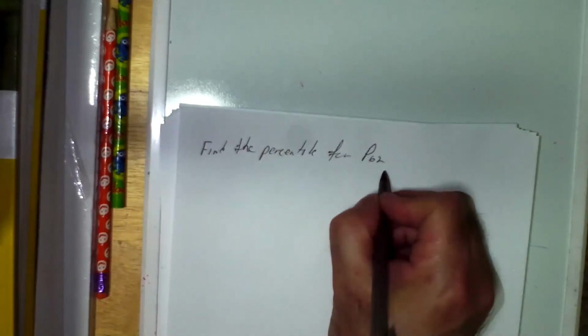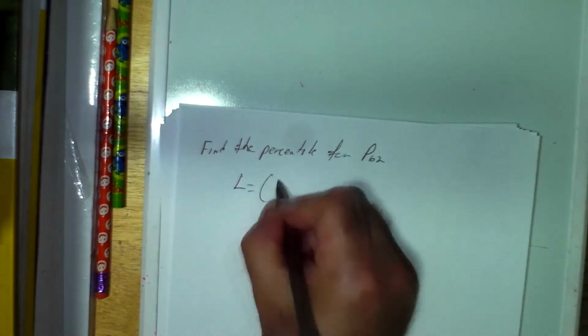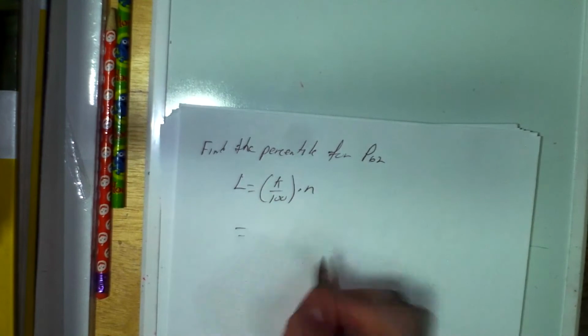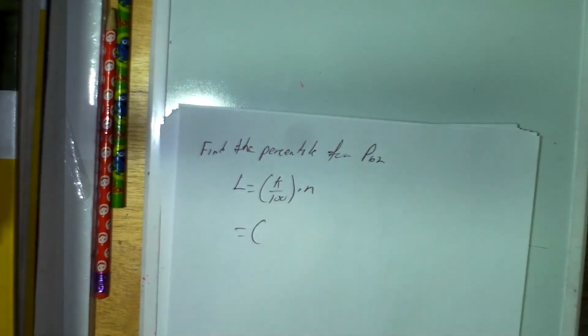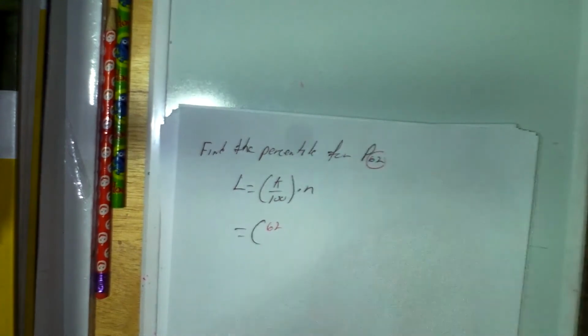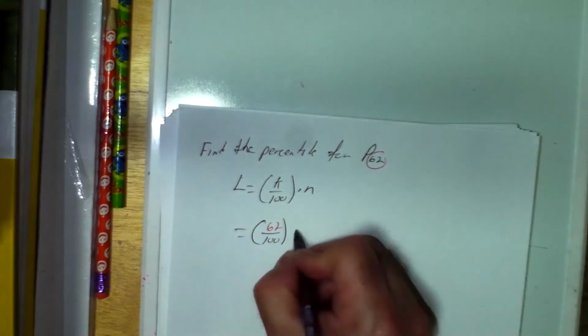I want to find P62, right? They're in order, so I don't have to do the ordering part. So I'm going to do L equals K over 100 times N. My K is 62 divided by 100 times 50.